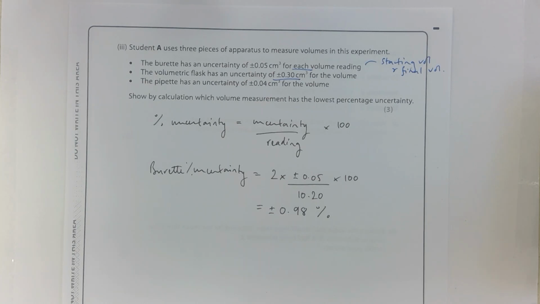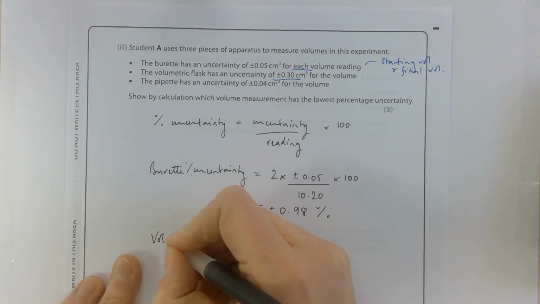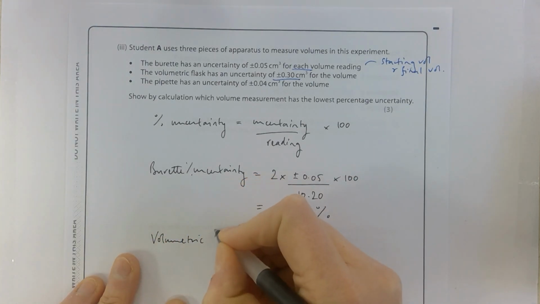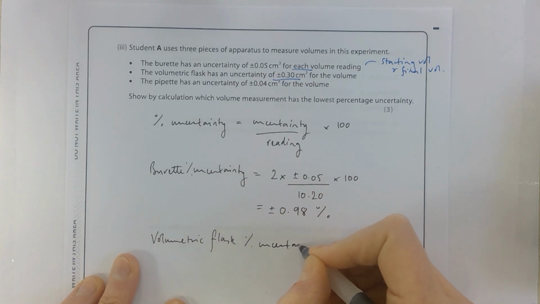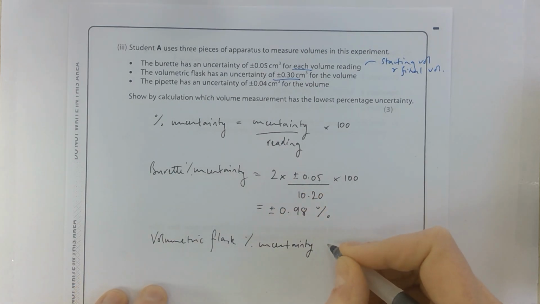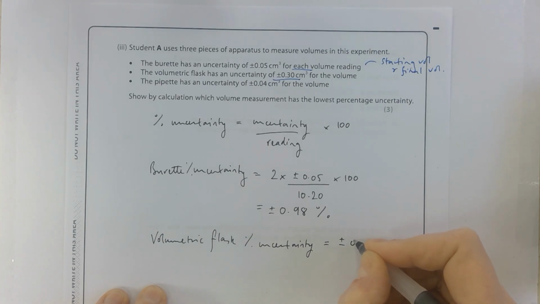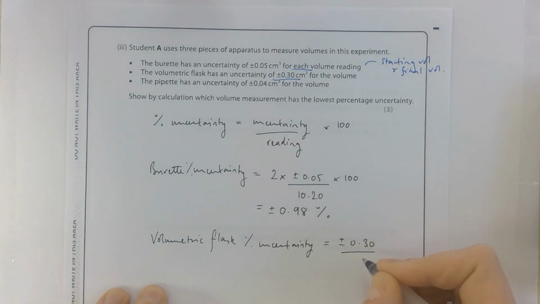Okay, let's then look at the volumetric flask, since that's next. So volumetric flask percentage uncertainty is going to be, there's only 1 reading, so 0.30 divided by the volume that goes in the volumetric flask.